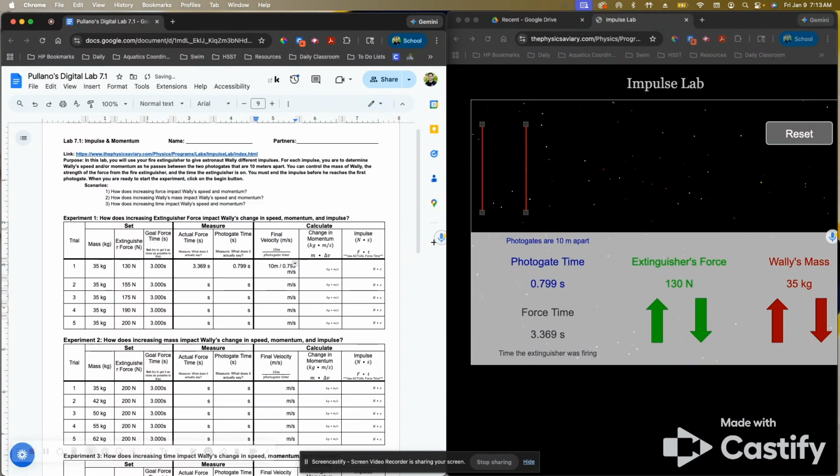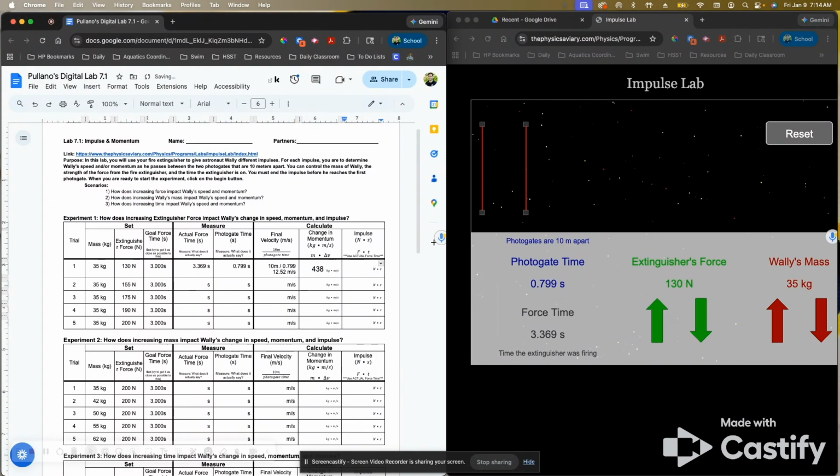And 10 divided by 0.799 is 12.52 meters per second. Then I would do my change in momentum, which is my mass times my change in velocity. So it'd be 12.52 times my mass of 35. And that gives me a change in momentum of 438 kilogram meters per second.